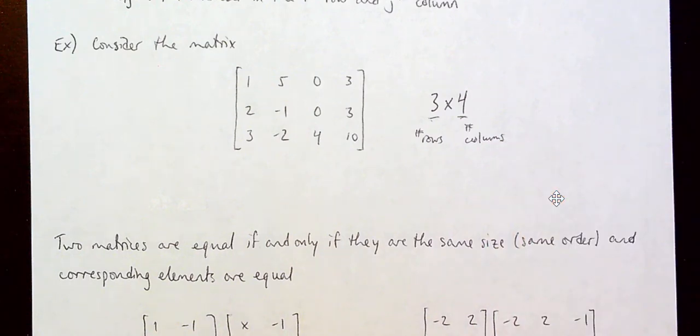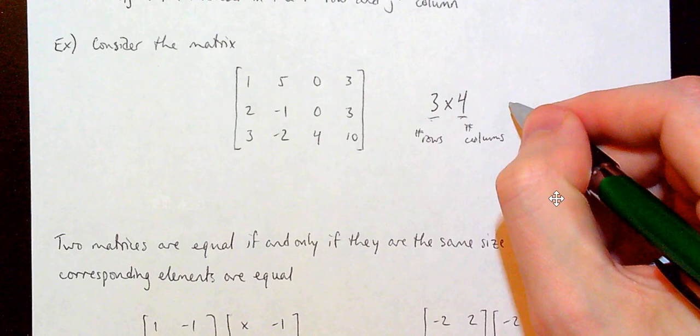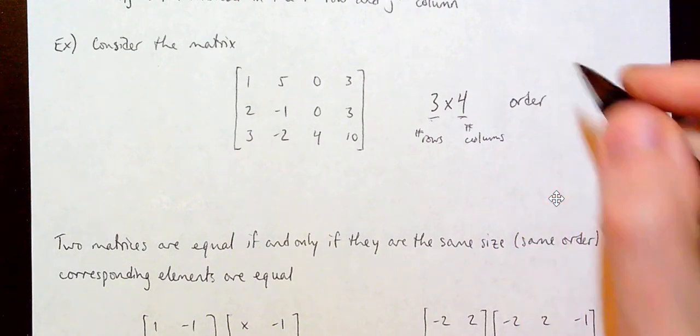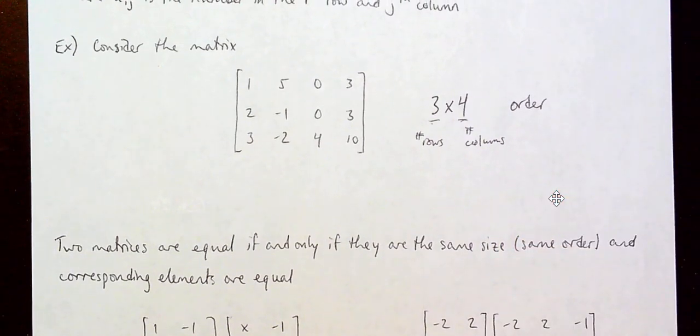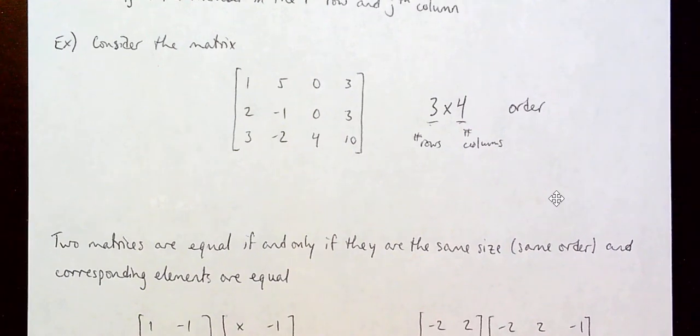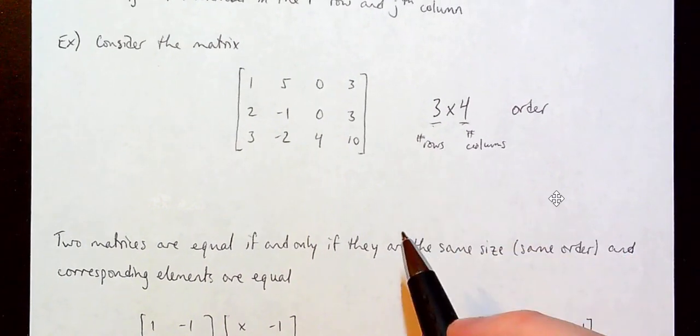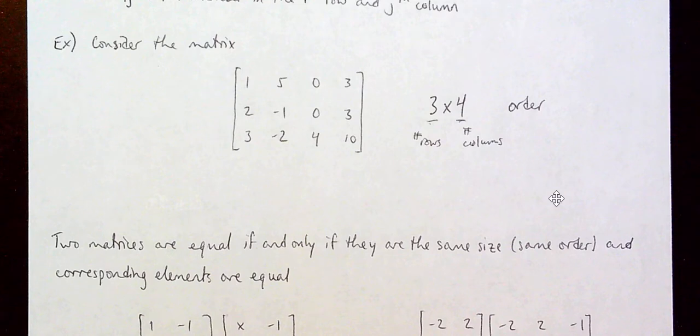And this is also referred to as the order of the matrix. You're not going to hear me using that word super often. I'll say it every once in a while, but the textbook is going to refer to this as the order of the matrix. So that's just something to keep in mind, a word or phrase you could hear.